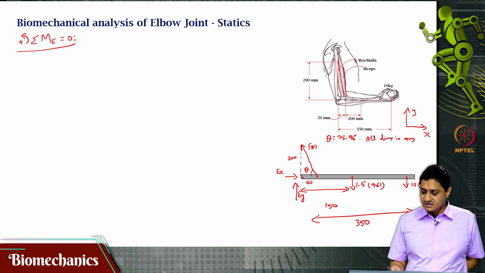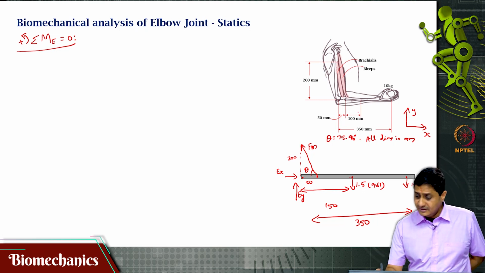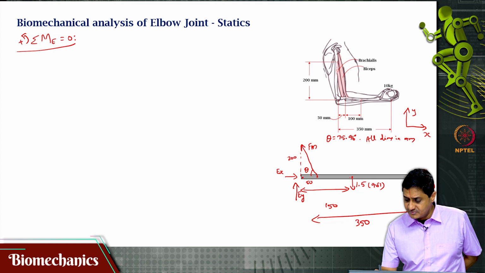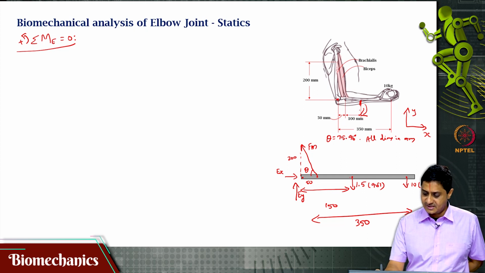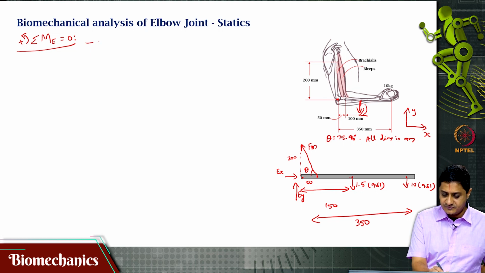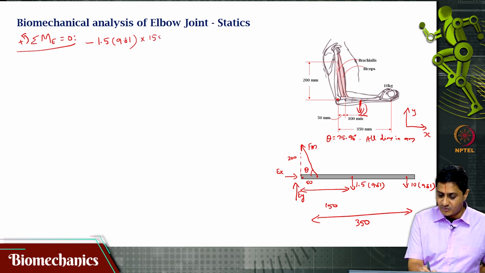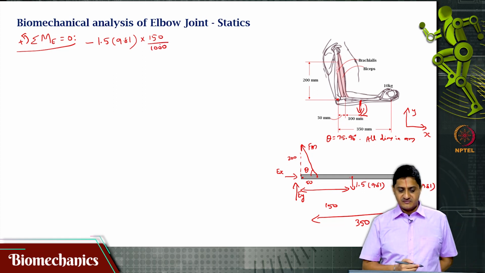Let us start with the knowns. The 1.5 kg load of the forearm will cause a clockwise moment, because the elbow joint is here, the mass is acting like this. So, that would be minus 1.5 into 9.81, this is the weight, times 150 by 1000, or rather 0.15.